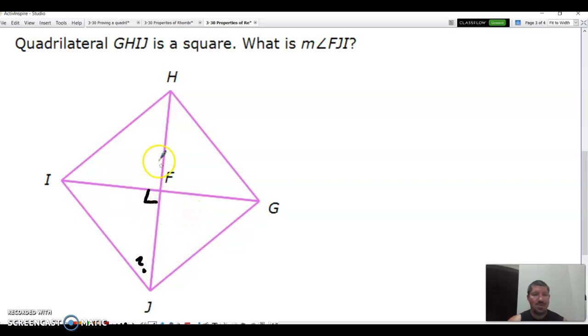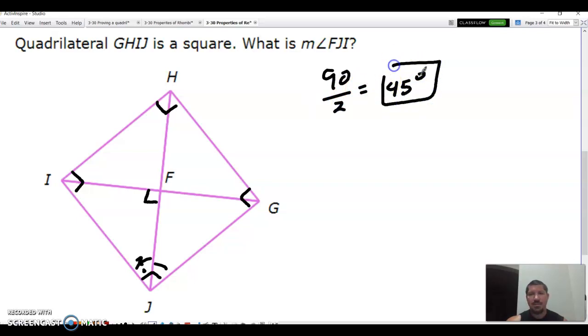I also know that each of these are right angles. And I know that they're all bisected. So if this is 90 and then this is congruent to this, well, 90 divided by 2 gives me 45 degrees.